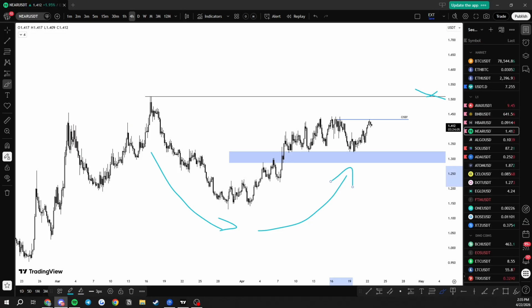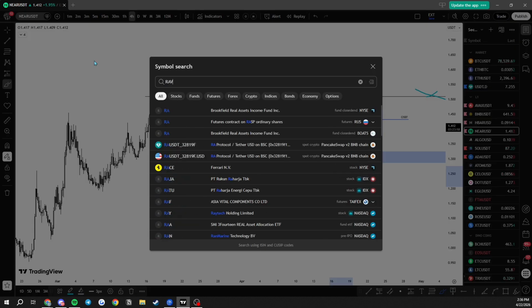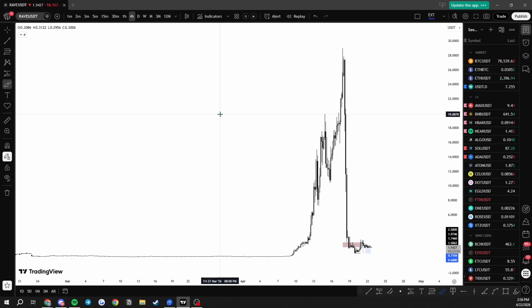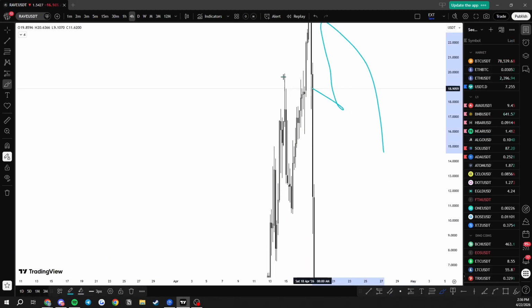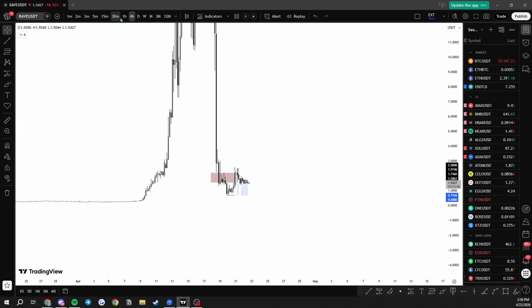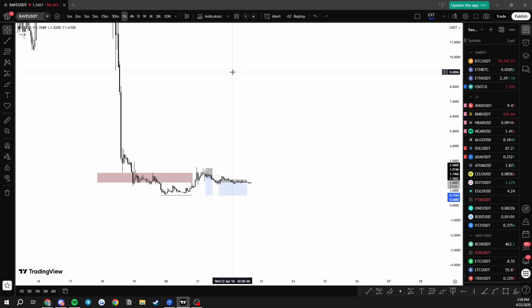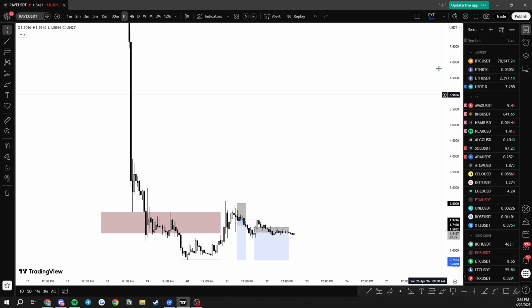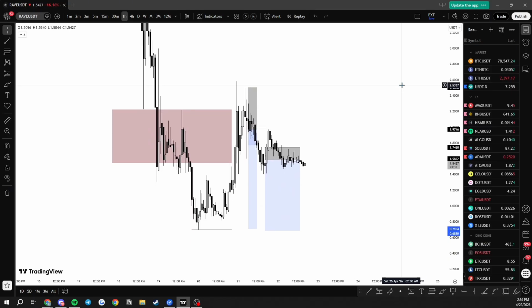I'm not really looking at anything else personally, unless it's something kind of funny, like that last coin that we looked at, Rave. I was looking for shorts on that one, which normally I wouldn't typically trade, but just because it's funny, and I think that this coin's going straight to zero, I take it. So yeah, it's a good question.